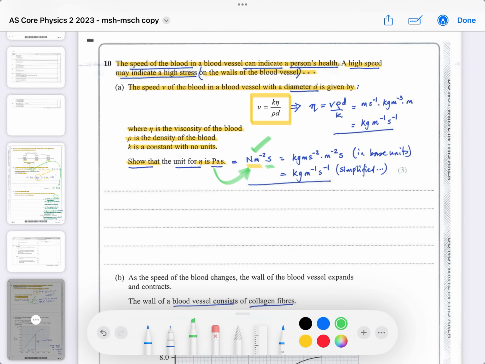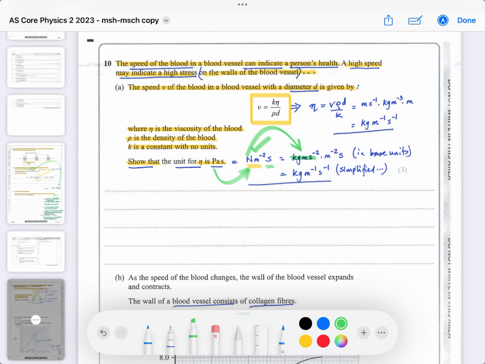So once you know that a pascal is a newton per square meter, that's 1 mark. And then what I've done is I've changed the newton into base units: a newton is a kilogram meter per second squared, because newton is force, so that's mass times acceleration.